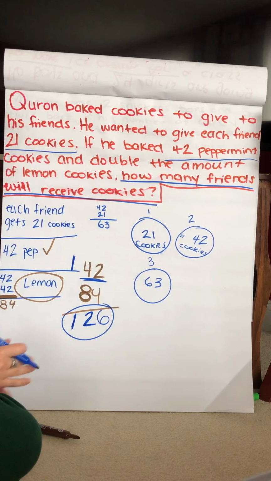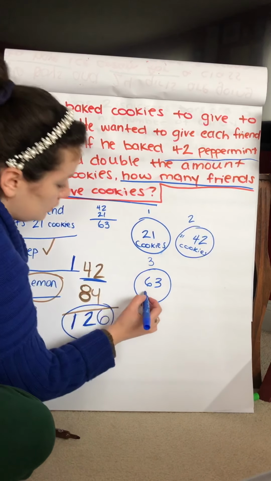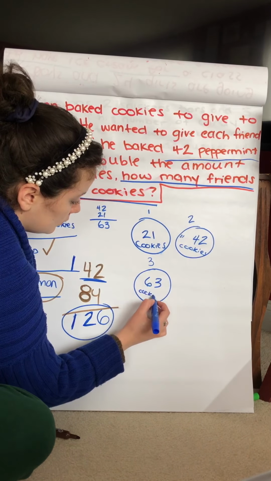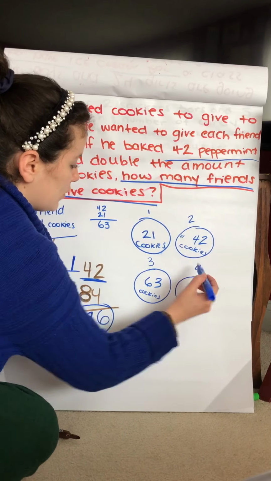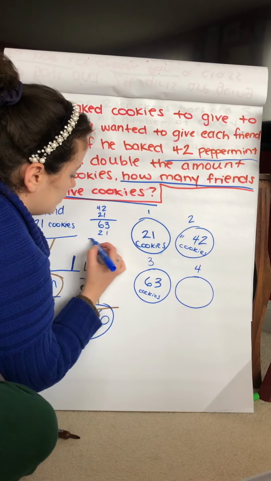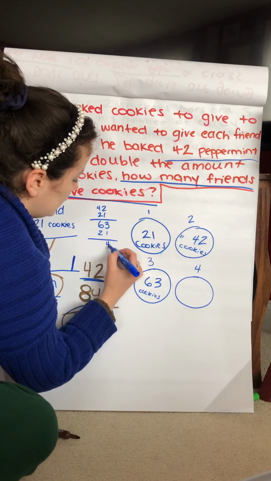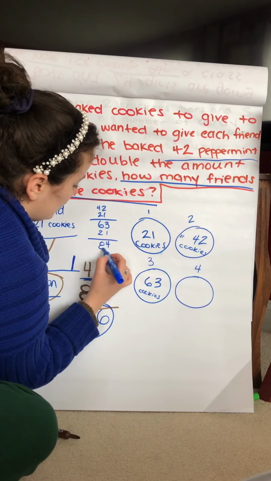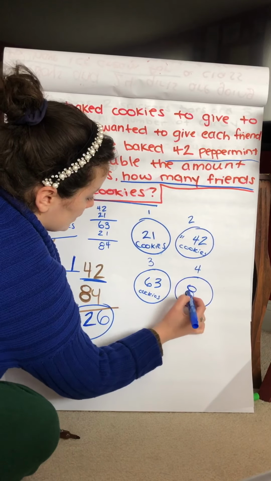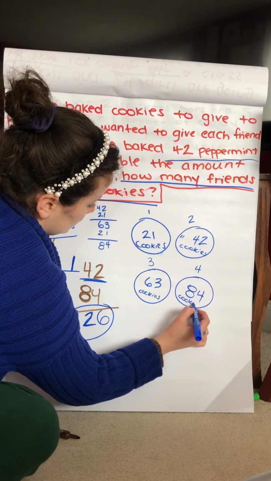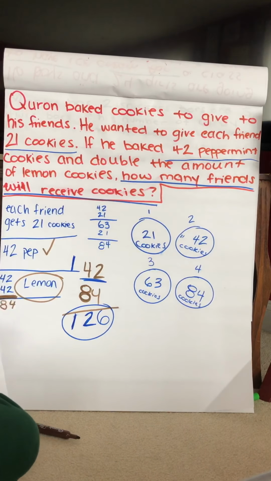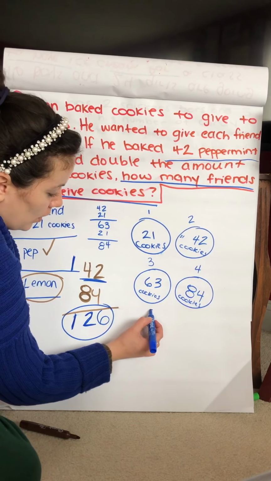The answer is no, so we can keep going. 63 plus 21. 3 plus 1 is 4. 6 plus 2 is 8. 84 cookies. We have not reached 126 yet, so we're going to keep going.